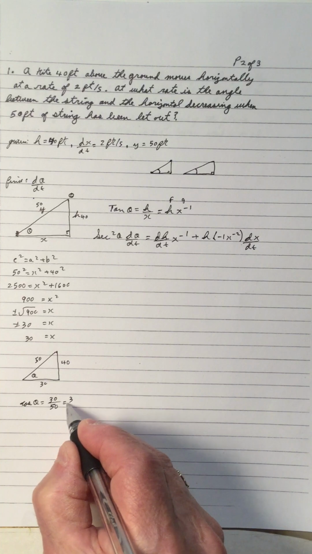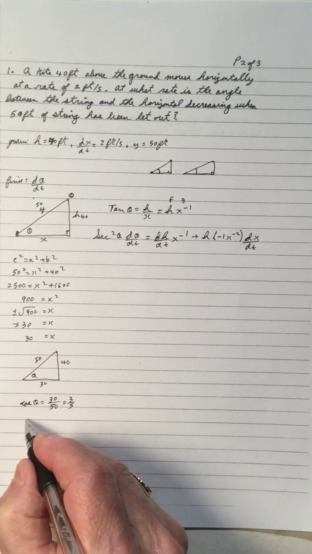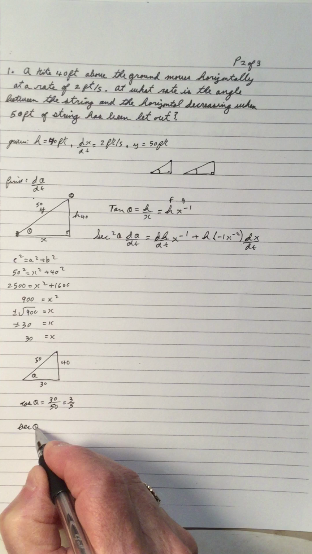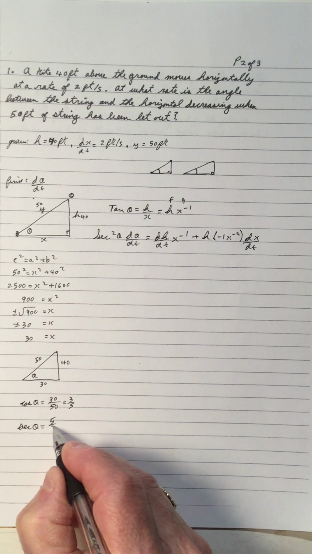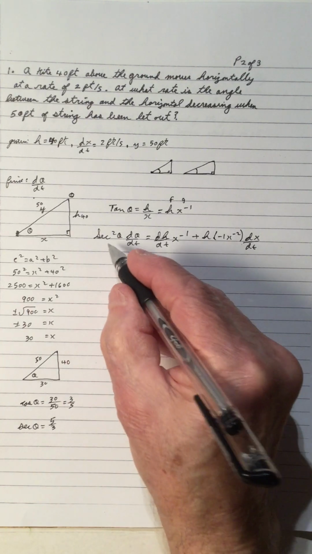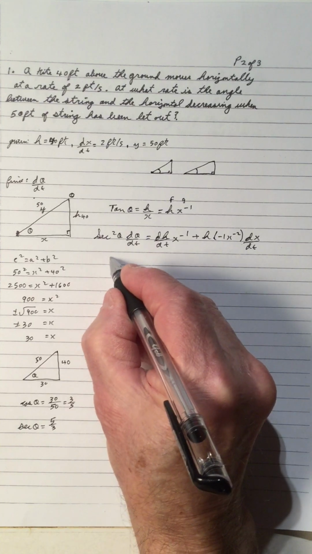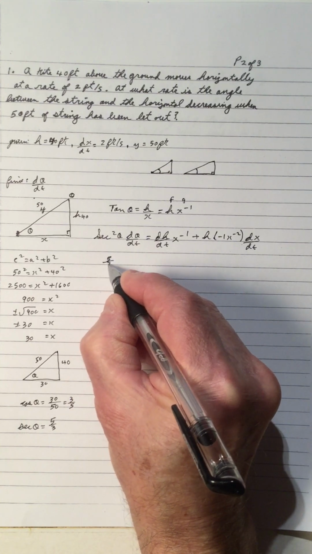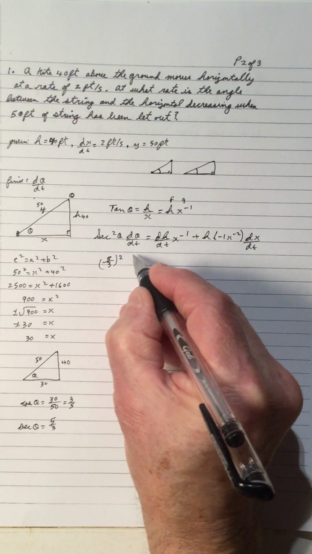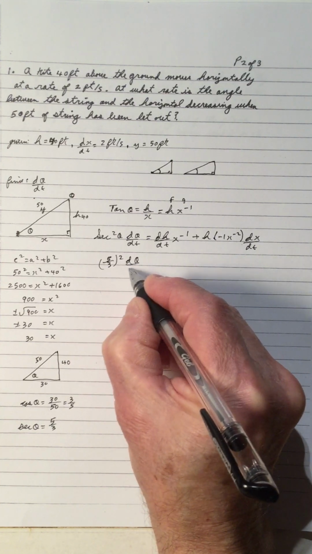And that reduces to 3/5. So secant is the reciprocal, so it's 5 over 3. So the secant is 5 over 3, so we got 5 over 3 squared d theta/dt.